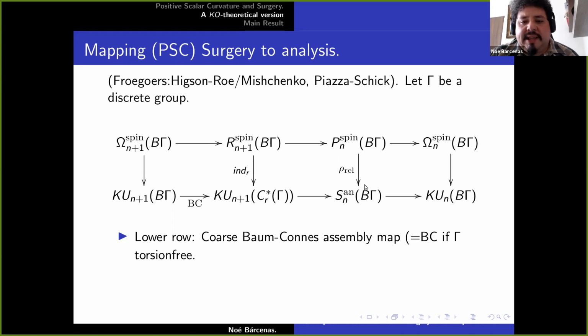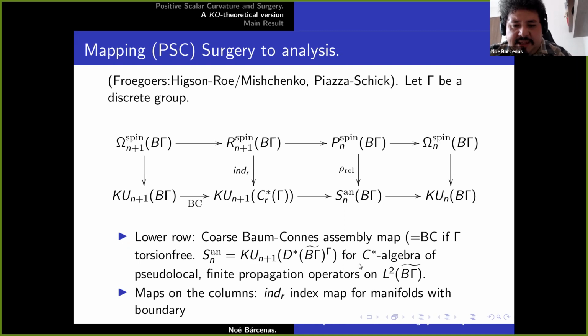The challenge in those papers was doing index theory for some very specific kind of manifolds with boundary, and this is the index map over there. On the right-hand side, you have the so-called analytical structure set. This has a definition completely in terms of operator theory. This is the complex K theory, also notation for the K theory of a certain C-star algebra: the C-star algebra of pseudo-local finite propagation operators on the universal cover of the classifying space.